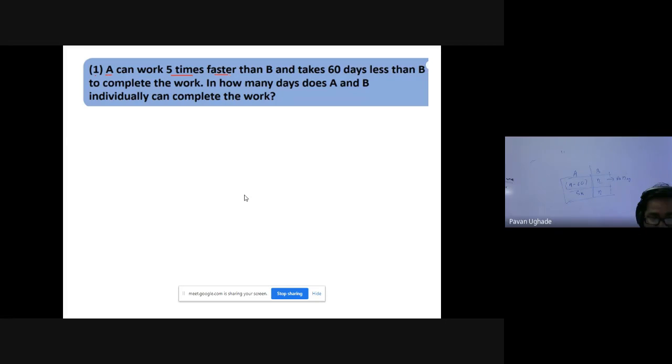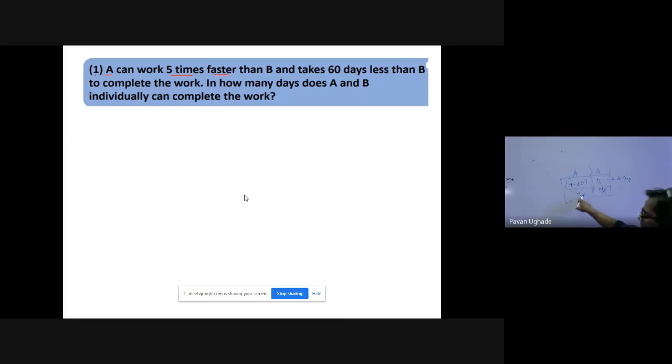The work done is the same, they are doing the same work, right? Now what I'll be writing in a very simple way: the work done, the time taken by B, let's assume it is n. Can I write here 5 by n? Oh, sorry, n by 5. A can work 5 times faster.